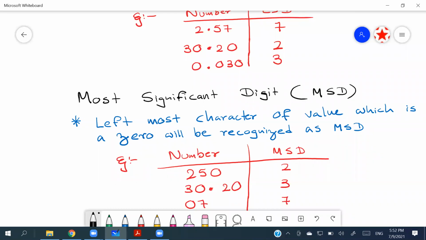So with that meaning, what they are doing is they are just addressing the most significant digit as the most significant bit in the binary number system, and the least significant digit as the least significant bit in the binary number system, right? So the rules are the same.